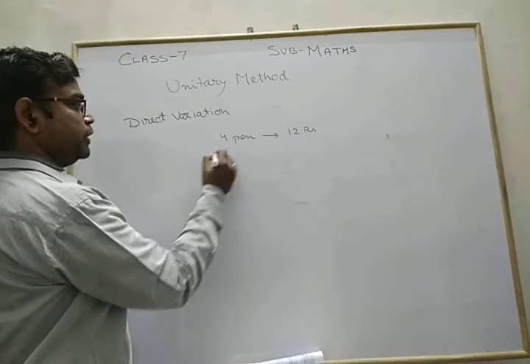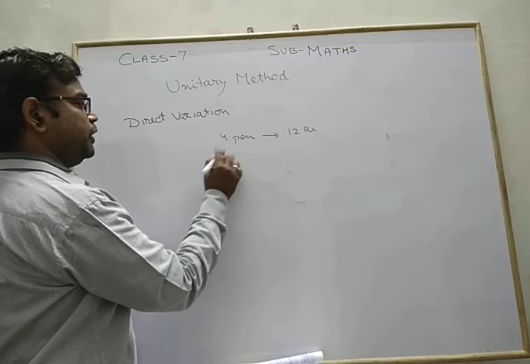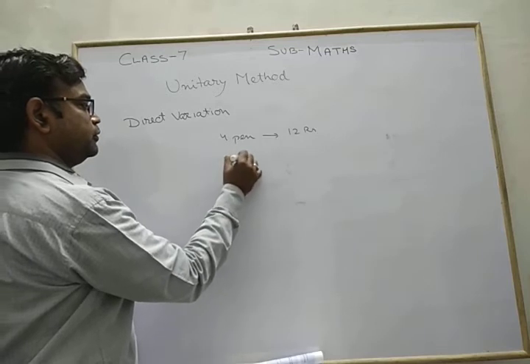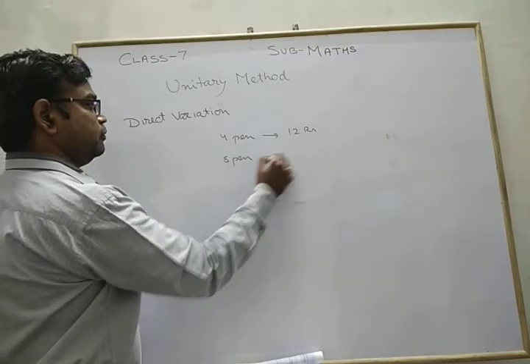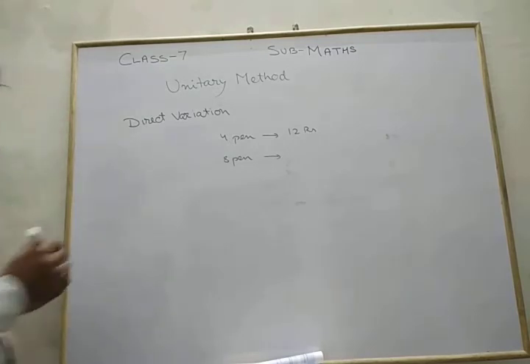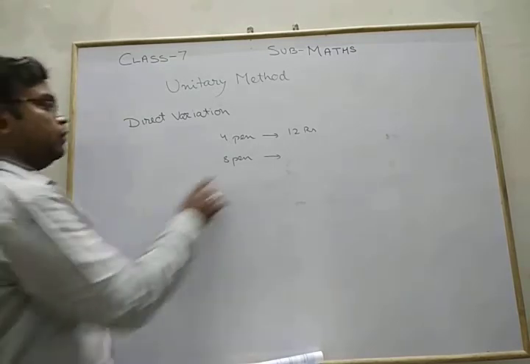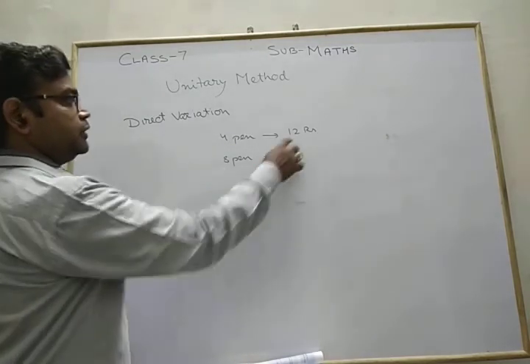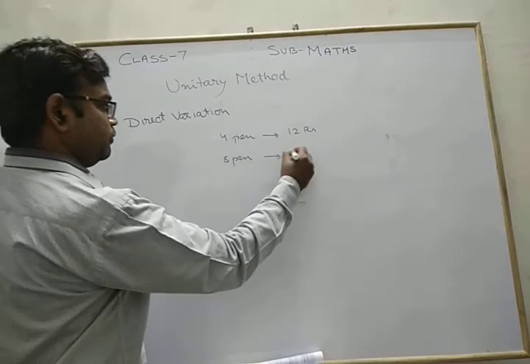So therefore the price of 8 pens must be, how do we find the price of 8 pens? It is just double, it is 24 rupees.